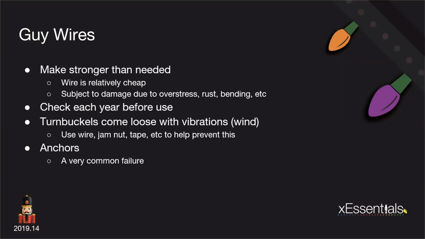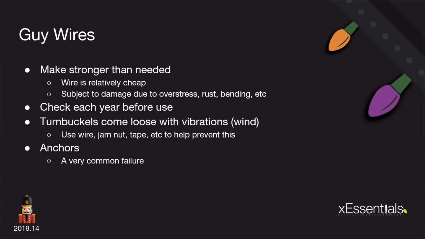If you end up pinching it and getting a little bit of a weak spot, if you have it oversized, you're better off. I would recommend checking it each year before use to make sure it hasn't been damaged anywhere. Pull on it a little bit, bend it, make sure it's not too rusty. If it's rusty, get rid of it, use it for something else, splice onto it, do something with it.